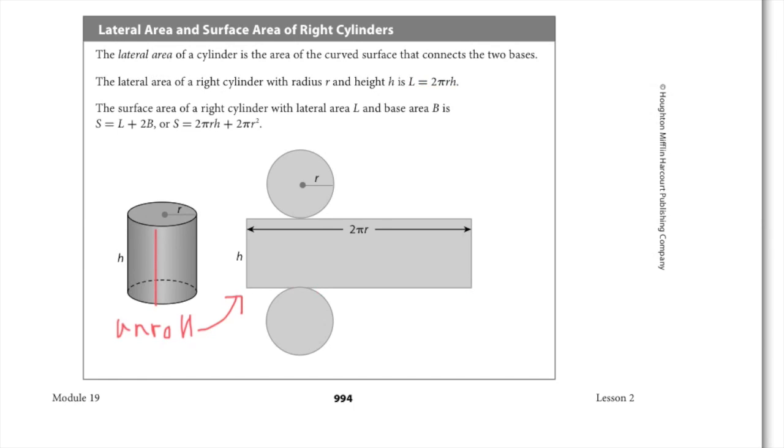And then the top and the bottom faces are circles, so we have 2 pi r h for the area of the rectangle plus 2 pi r squared for the two areas of the circle. So make sure that you take note of these formulas, okay?